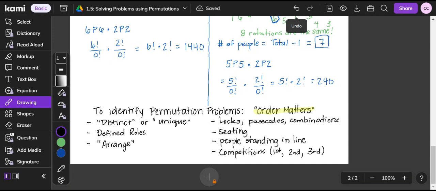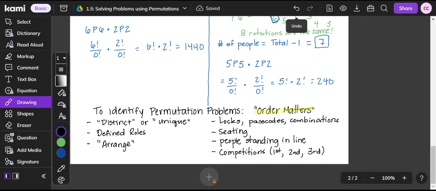Now, these are not the only 7 examples that exist out there. I'm sure there are some others, but these are just a good start for you guys to start to identify whether or not you're working with a permutation or a combination.